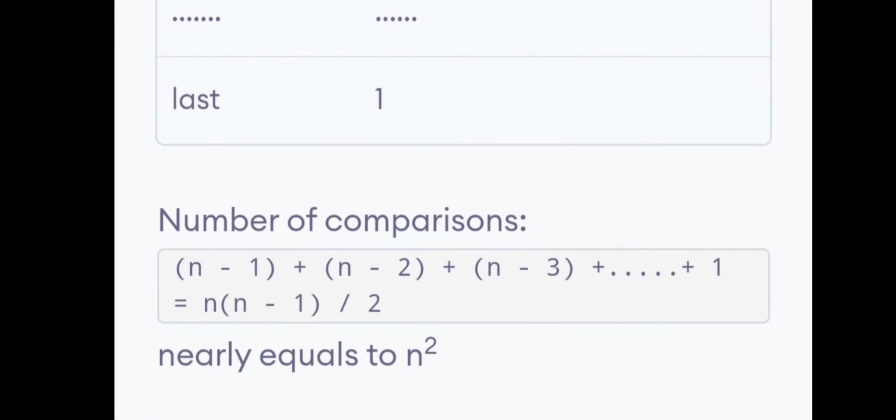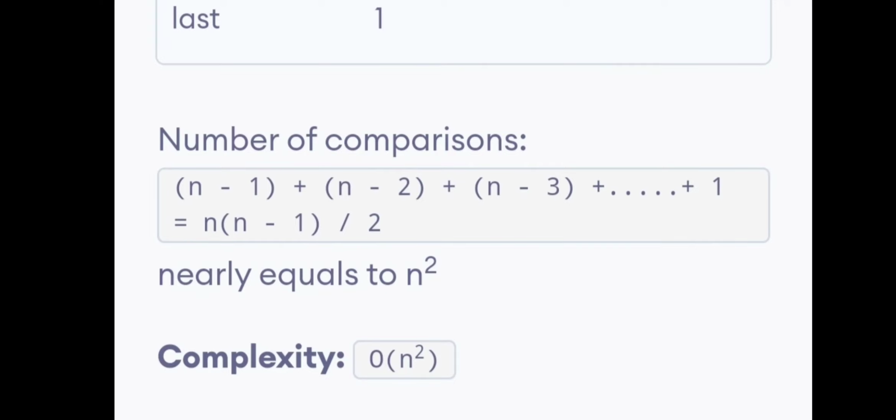The number of comparisons is n-1 plus n-2 plus n-3 and so on up to 1. We can write it like n into n-1 by 2. Nearly we can write it like n square. That is, the complexity of bubble sort is order of n square.